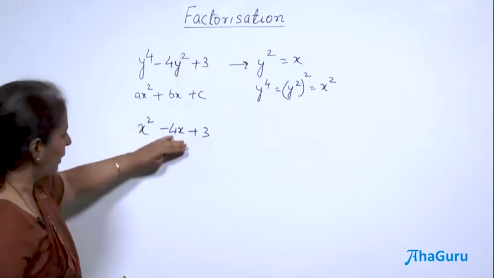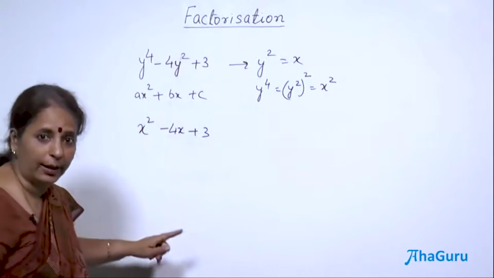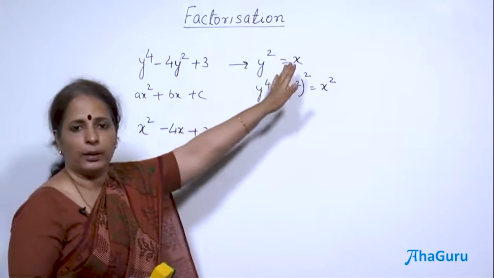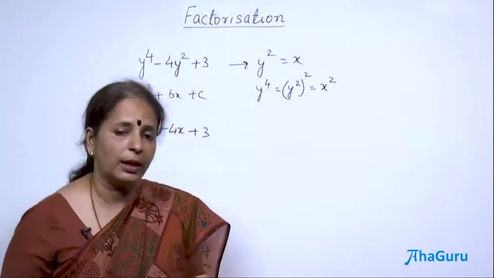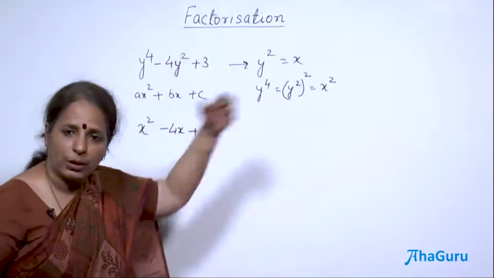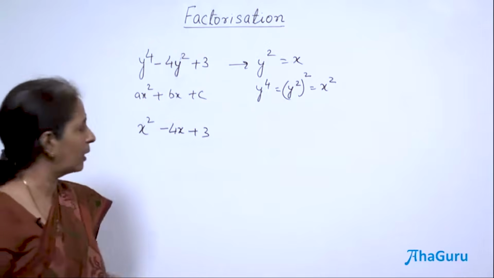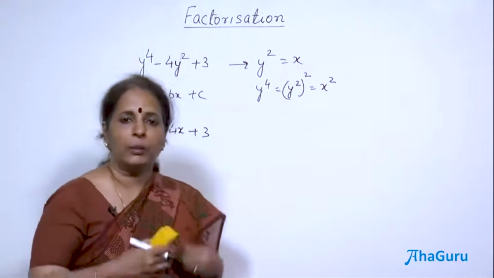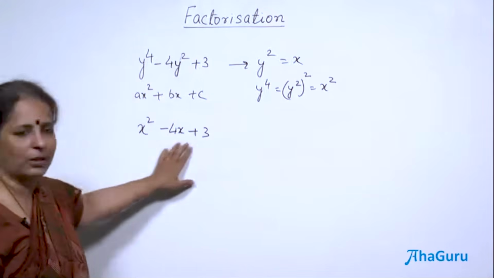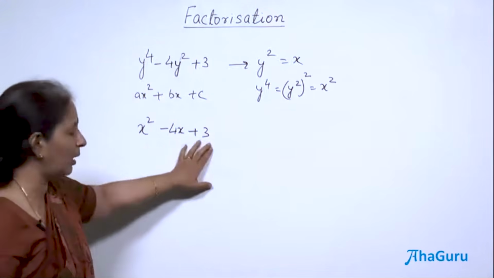Now, I will do the entire problem with this. In the end, wherever I have x, I have to substitute y square there. Because the final answer, I should not get x, because my question is about y. I cannot leave an answer with x, because x is my assumption, which is what I have taken. I should not be leaving an answer with my assumption. I have to go back to the original one. For the time being, this is something I like, isn't it? This is something I have seen.